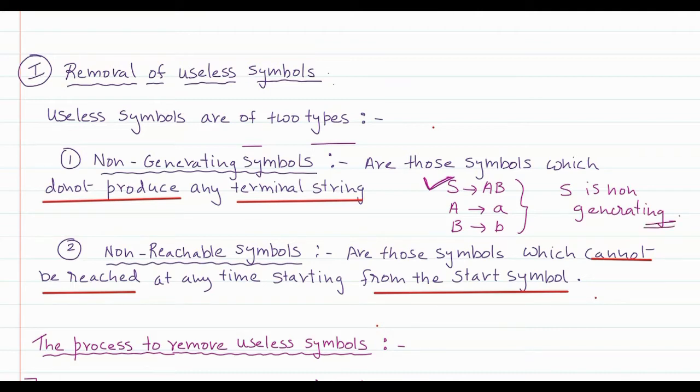Please note, non-generating simply means that S by itself, without the help of any other non-terminal, is not able to replace itself with a terminal string. What happens here? S is able to replace itself with A and B, and then A and B further can replace themselves with a terminal string. So indirectly S generates a terminal string. But since S is not directly being able to replace itself with a terminal string, that's why I say S is a non-generating symbol.